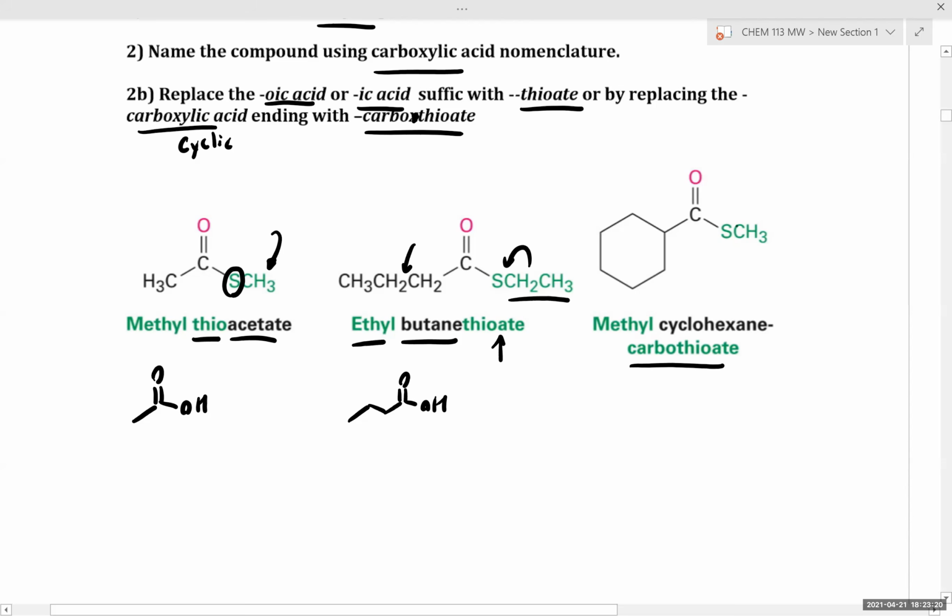Finally, if we're looking at a thioester attached to a cyclic ring, we first name our group attached to sulfur. So we name this as methyl cyclohexanecarbothioate. Do these naming conventions make sense to everyone?